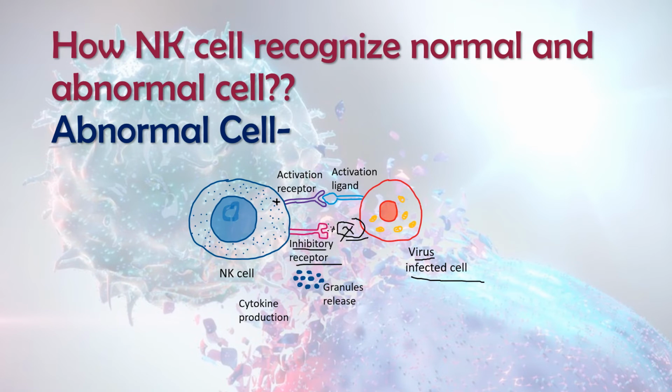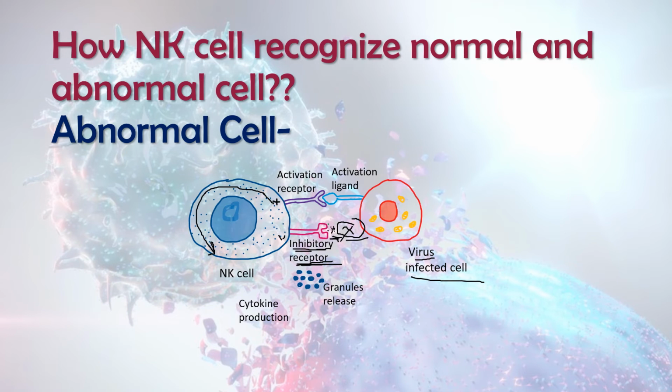If the inhibitory receptor finds that the antigen on the MHC class I molecule is of foreign type, then it recognizes it as a foreign antigen, the inhibitory response stops and the activation process starts. Okay.